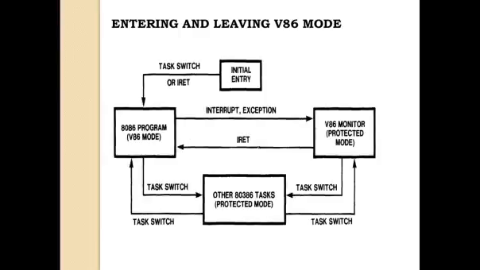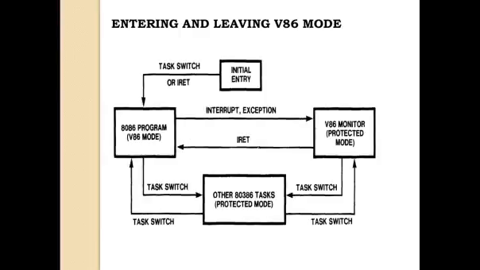Now, how it enters and leaves the virtual 86 mode. Initially, when we start a processor, it will be in protected mode. When we reset it, it enters real mode, but after that it goes to protected mode when we execute the code or application. So on initial entry, or due to a task switch, it may go to virtual 8086 mode.